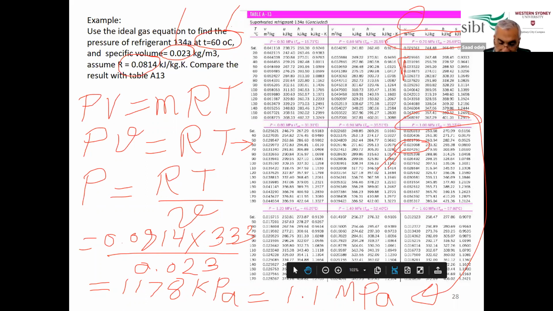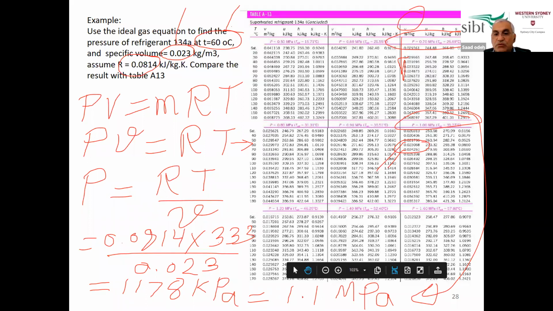We can do the same thing, but a different way. If we have the pressure and we need to find the specific volume, same thing. We can use the ideal gas equation to find the specific volume. This is just to give you an idea of the difference between the ideal gas equation and the table.